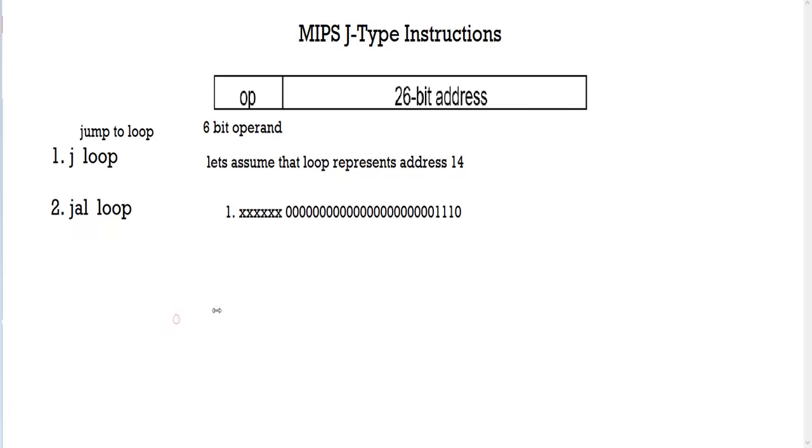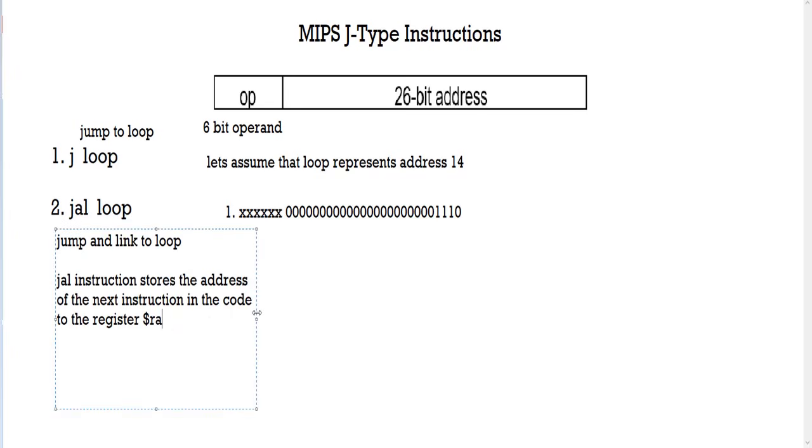Whenever you call the JAL instruction, the address of the next instruction in the code segment is going to be stored in the return register RA. So RA is the return register. And then it's going to jump. When the function has finished executing, it will return to the address stored in RA.